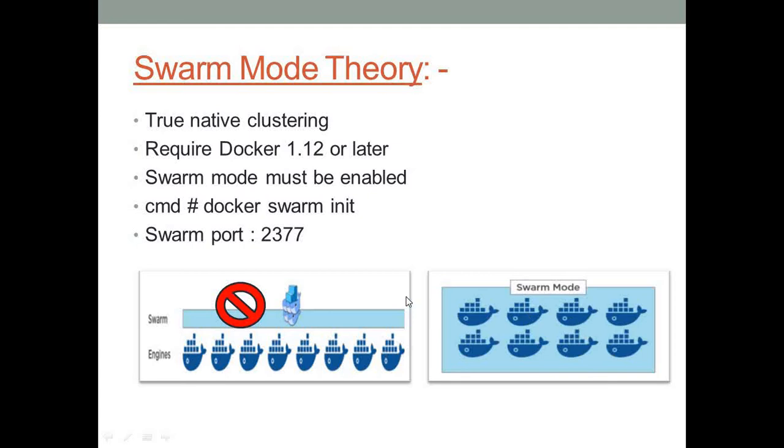So we don't need any Swarm on top of that, like a hypervisor on the bare metal, correct? I hope you understood. In the coming slide, you are going to be a little bit confused, but try to differentiate between these terms.